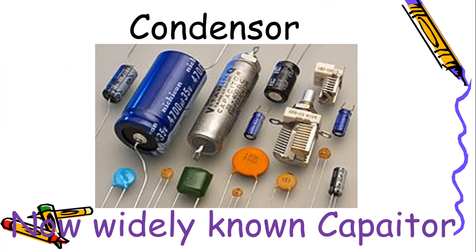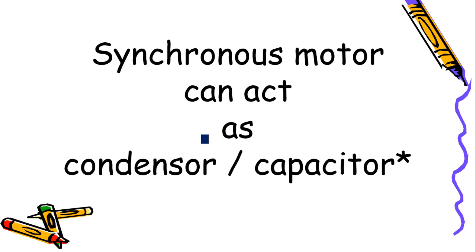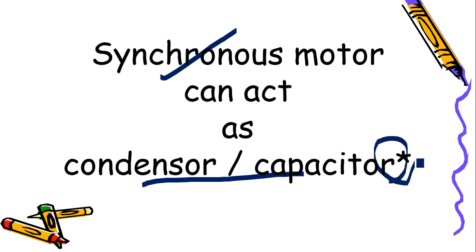So the condenser is the capacitor, and the synchronous motor will be known as synchronous condenser because it is running at synchronous speed and it can act as a condenser or capacitor, under some specified conditions.